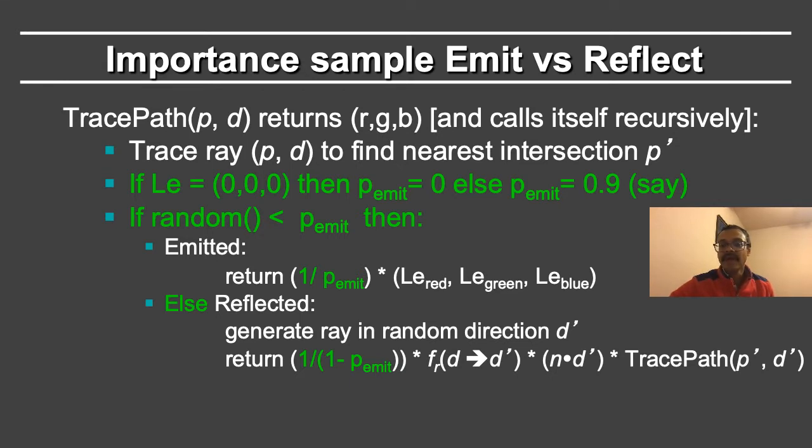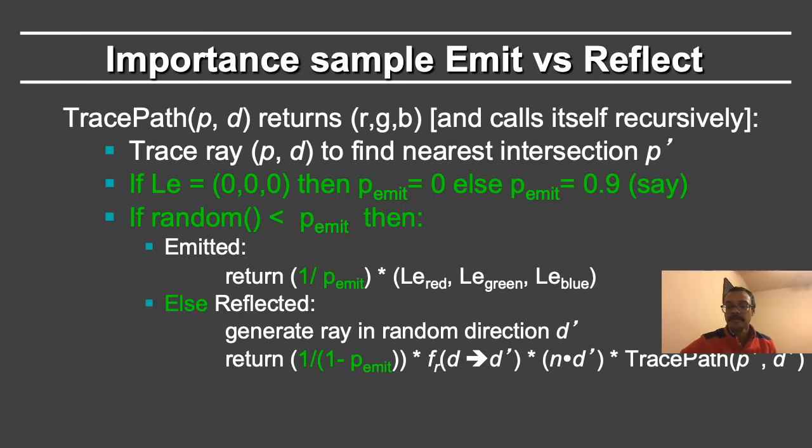If the random value that you generate is less than P emit, so that ensures which side you're taking, then you go to the emitted path and you return 1 over P emit. That division by the probability is important times the emissive. Otherwise, you're in the reflected path. You divide by 1 over 1 minus P emit, and you generate a random ray in the direction of P prime.